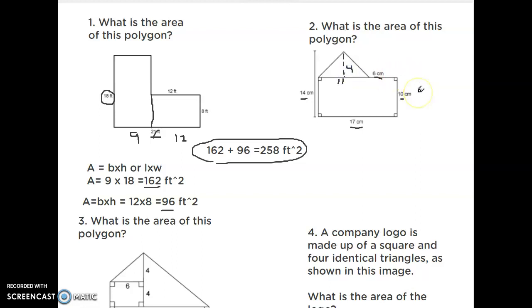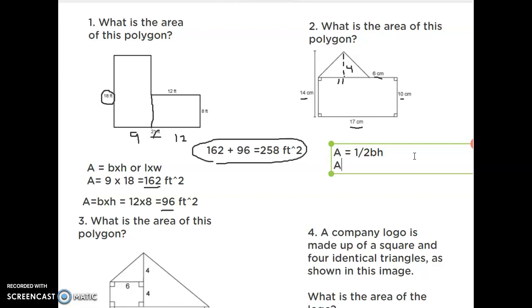Now we have all the dimensions we need to find the area of this figure. Let's do our triangle first. The area of our triangle is 1/2 base times height, or you could say base times height divided by 2.